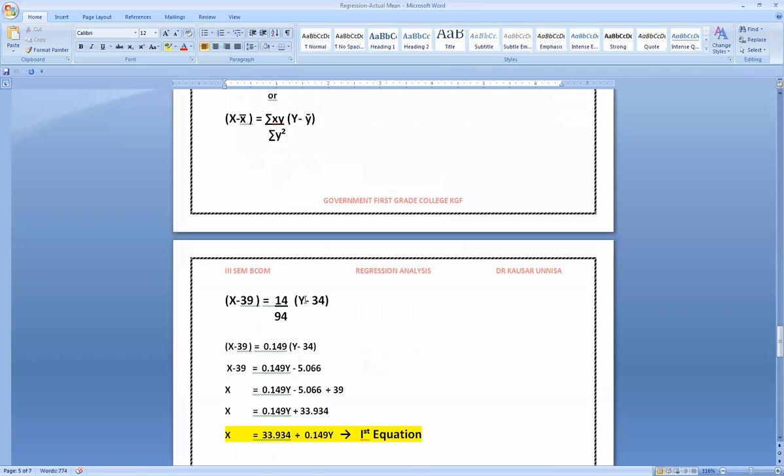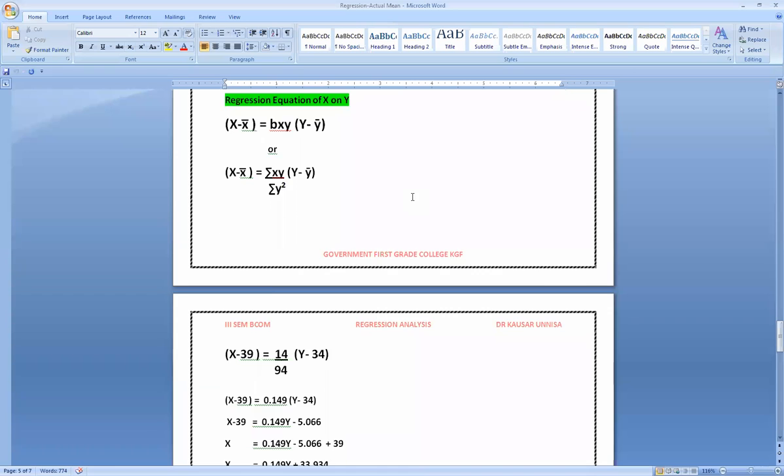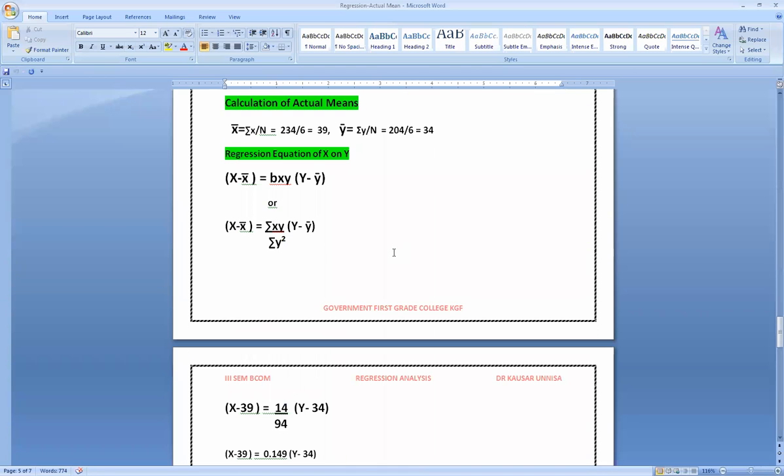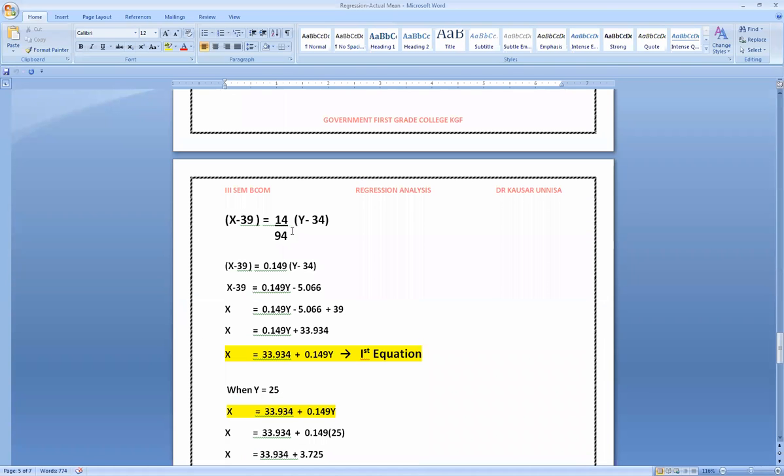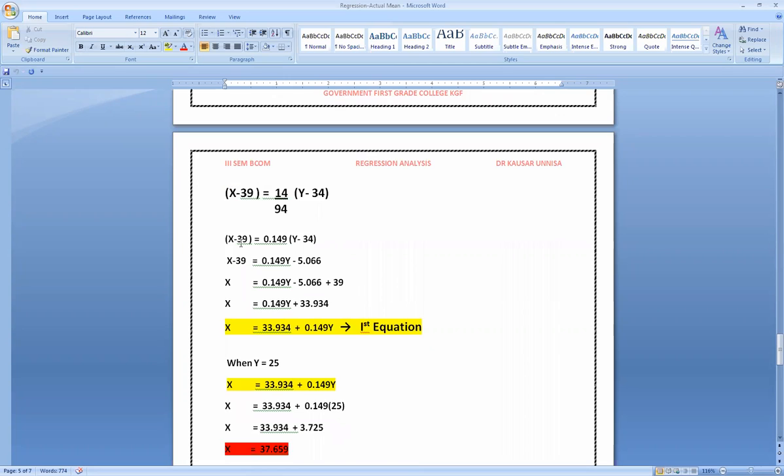Let us substitute the values given in the table. x minus x mean value 39 equals sigma xy value 14 divided by sigma y square value 94, into y minus y mean value 34. Now x minus 39 equals 14 divided by 94, the value is 0.149, into y minus 34.